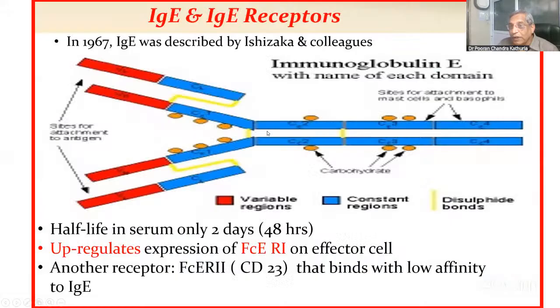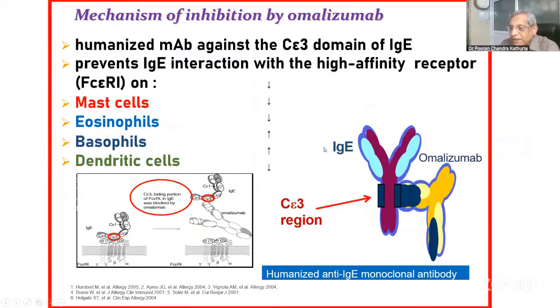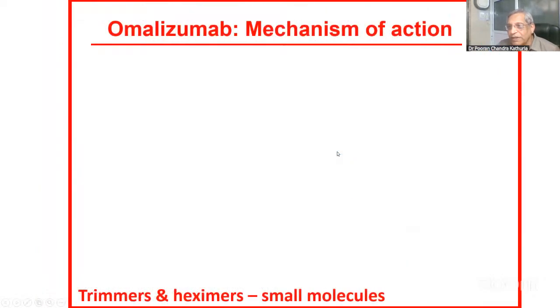If you look at the IgE antibody, constant epsilon 2 and 3 is the site where it binds to the receptors on the effector cells. Effector cells means mast cells, basophils, eosinophils, airway smooth muscle cells, dendritic cells. If you block this site, constant epsilon 2 and 3, with the anti-IgE omalizumab, then the IgE antibodies will be unable to reach the receptor.